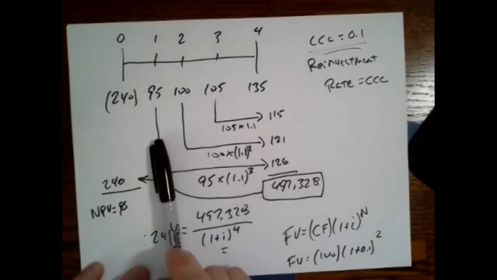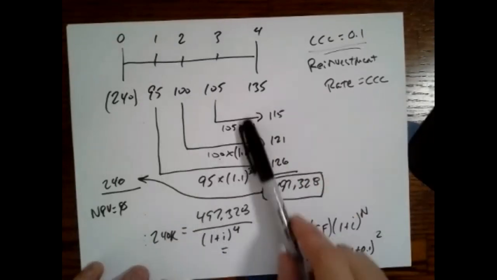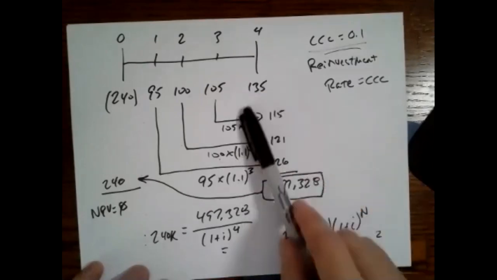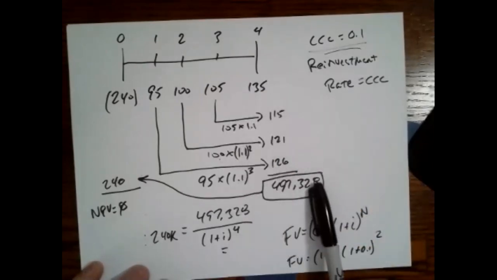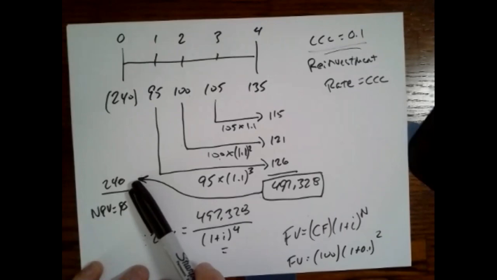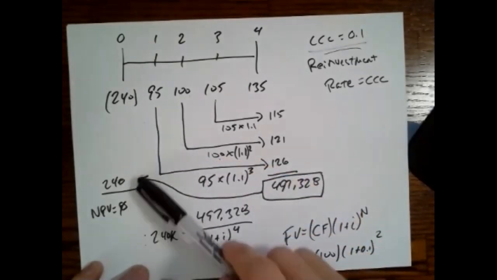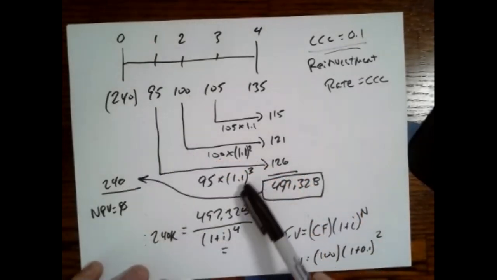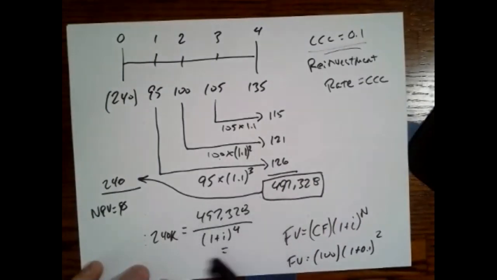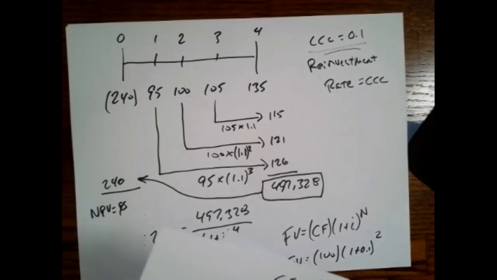You bring your cash flows into the future, then you take the total of the future value, you treat that as a lump sum, bring it back to the present so that it's equal to the initial investment, whatever rate it is that you need to bring the future value back to the present, that becomes your MIRR.